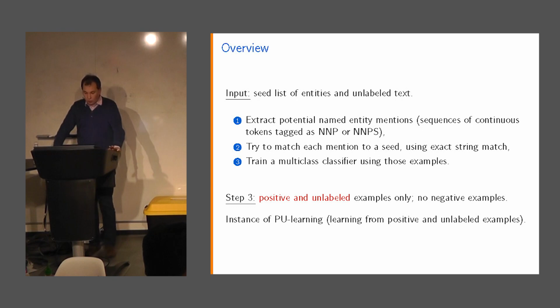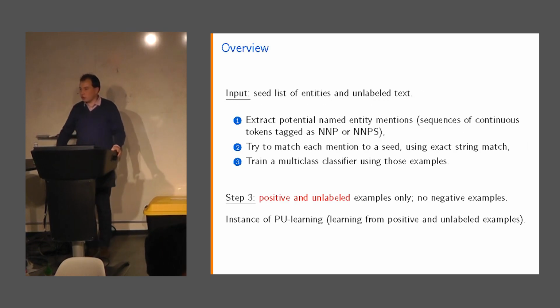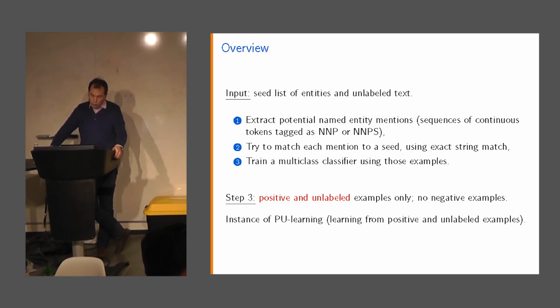And so this is an example of something that's referred to as PU learning in the machine learning community, which is learning from positive and unlabeled examples only. And now, basically, I'll show that this problem of learning from positive and unlabeled examples is very similar to what I've presented in the first part of the talk, and the same kind of tools can be used.